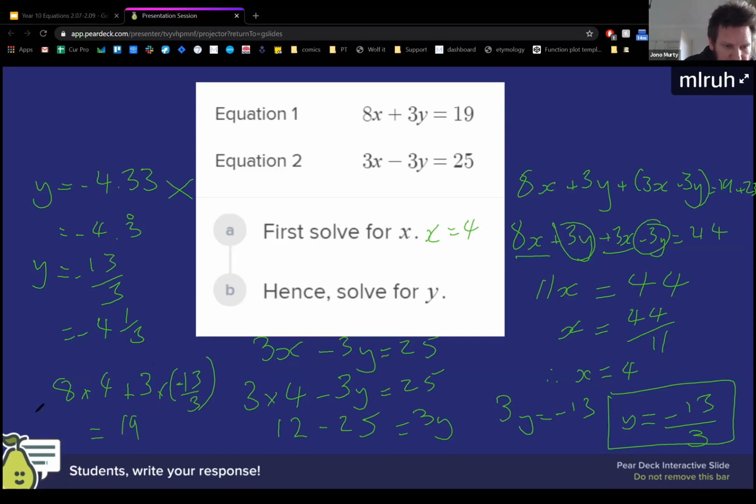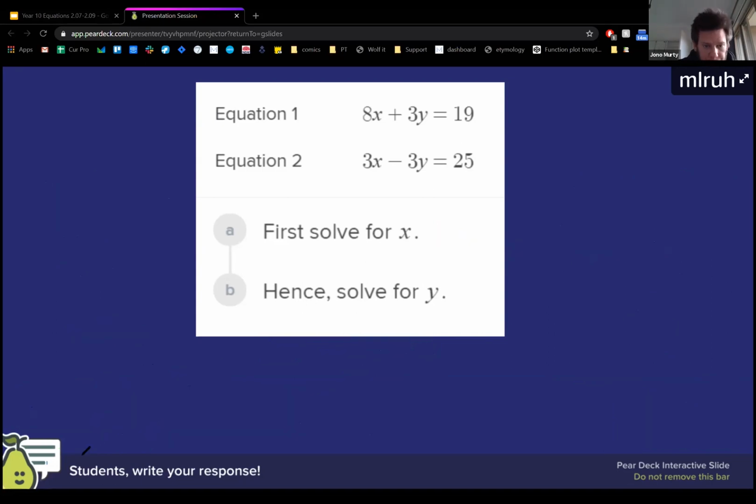Well, 8 times 4 is 32. These 3's will cancel. So I've just got 32 minus 13, which definitely equals 19. So we know we've got the correct answer. It's always really good to double check your answer, because if it's wrong, it becomes immediately obvious and you can just fix it. Okay, next one.